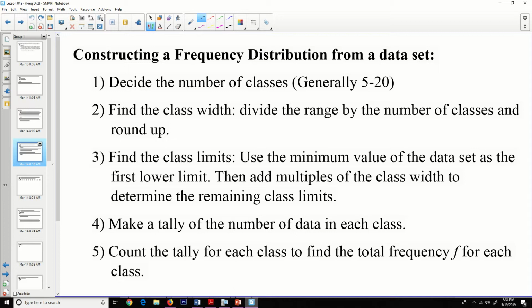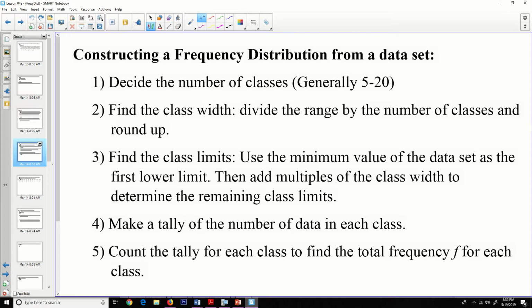We use the minimum value in the data set as the first lower limit, and then add multiples of the class width to determine the lower limits of the remaining classes. Then we make a tally of the number of data in each class, and count the tally for each class to find the total frequency f of each class.